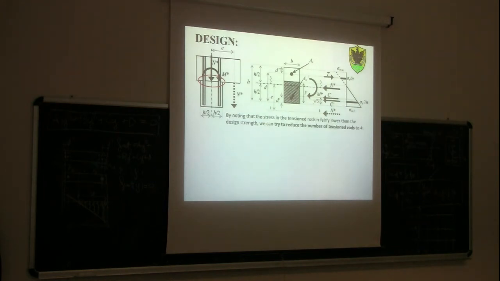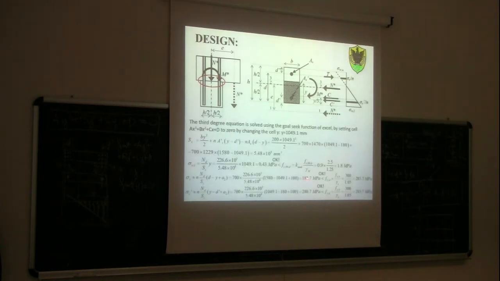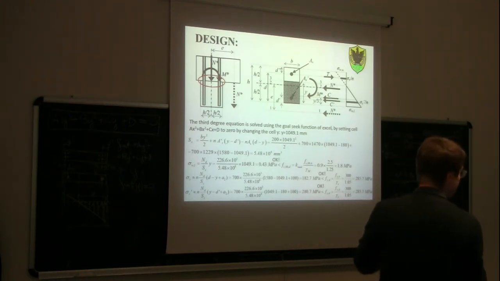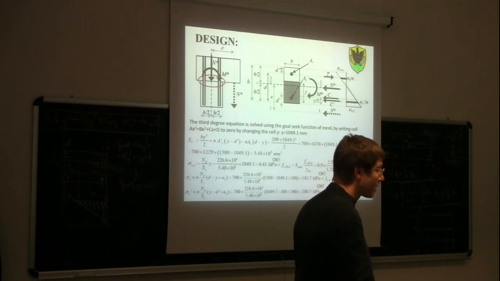Of course, we can see that in tension, there is quite a significant difference between the, let's call it the strength demand, 182 megapascal, and the strength capacity, 285. So one may think that perhaps here we have been using too many rods. So we could have used less than 6, for example 4, because you see that there is quite significant difference between those two values. So the design doesn't seem to be done well.